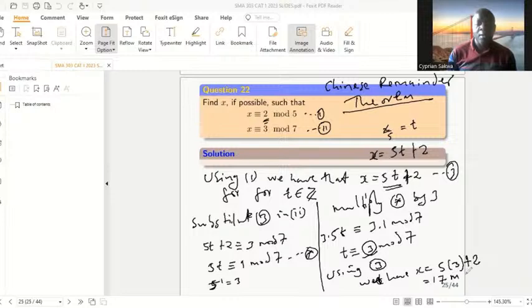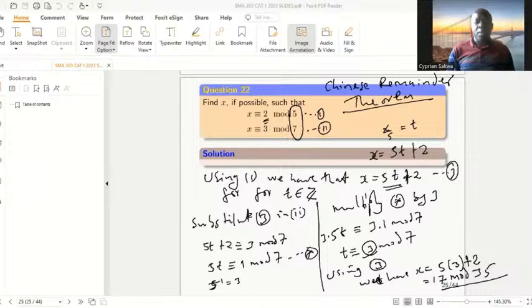Now the mod becomes the product of these two mods. That is the value of x, 17. So you notice that if x is 17 divided by 5, the remainder will be 2. If x is 17 divided by 7, the remainder will be 3. That is, x is 17.